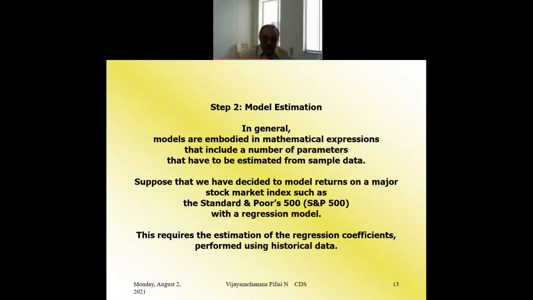Now, in this particular case, suppose that we have decided to model returns on a major stock market index such as the S&P 500 with a regression model. In this case, we have to estimate the corresponding regression coefficients based on historical data.